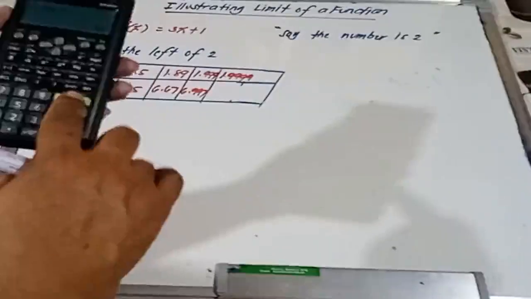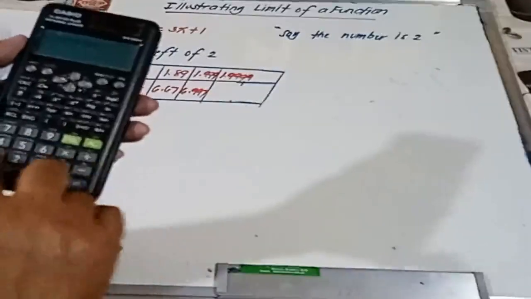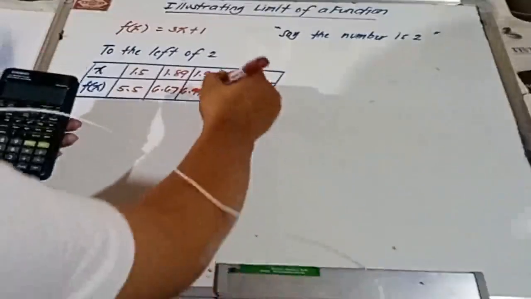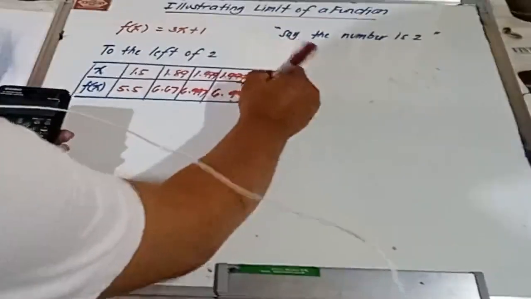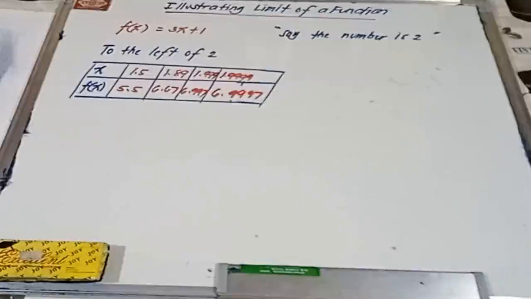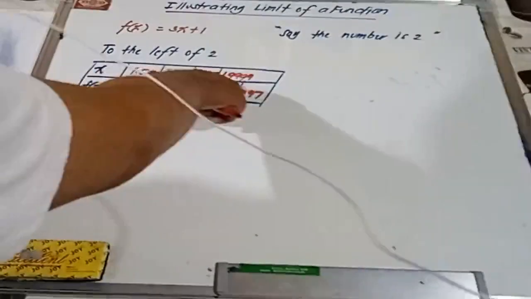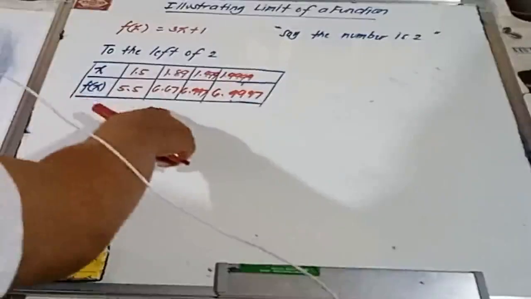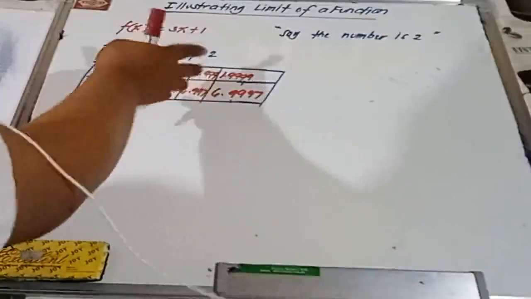If x is 1.9999, times 3 plus 1 is 6.9997. So, napapansin natin, as x is approaching 2, palapit ng palapit sa 2, yung ating y papalapit ng papalapit sa 7. That is considering values of x to the left of 2.